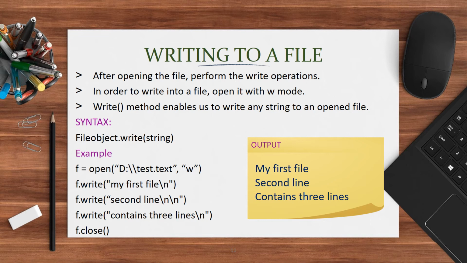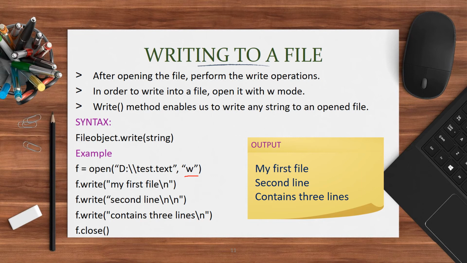Here is an example. F is equal to open of a file in the access mode write, that is W. Then f.write("my first line") writes my first line in the particular file. Then I have given the backslash n, which means I'm going to the next line. F.write("it is the second line"). Then I have given a double backslash n, so a double enter will be given, and f.write("contains the third line"), and I have also given another backslash n.